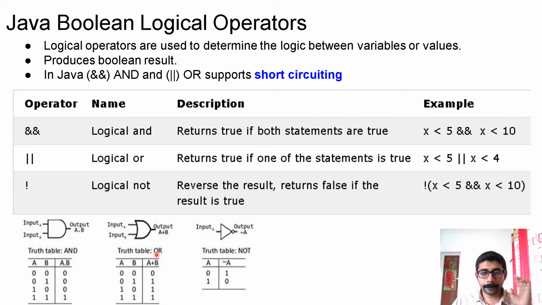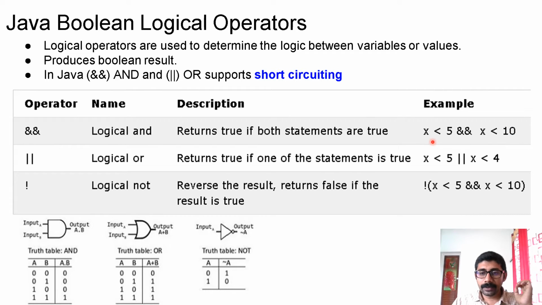What is short circuiting? See, this AND is having one particular behavior. If the first expression is false, then irrespective of the value of the second expression, you can say that 0 and anything will be 0. So there is no point in evaluating the second expression.